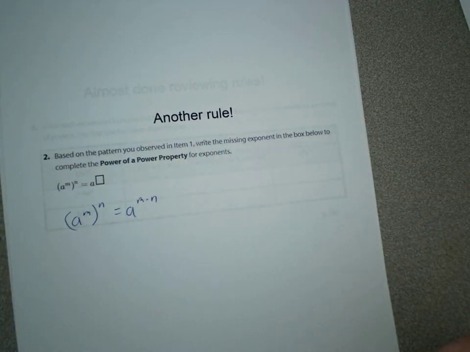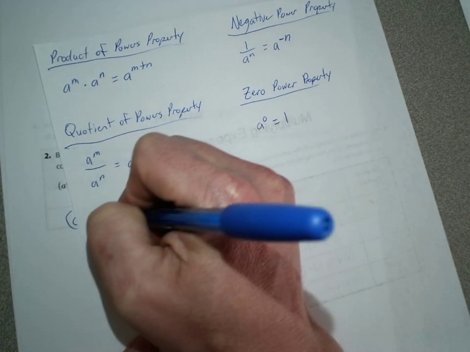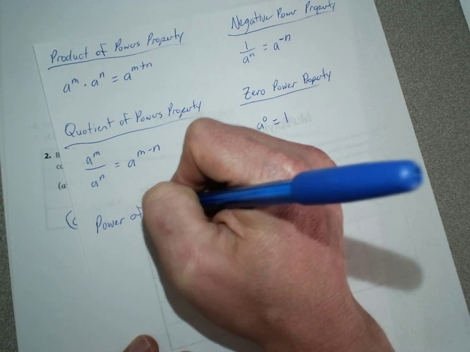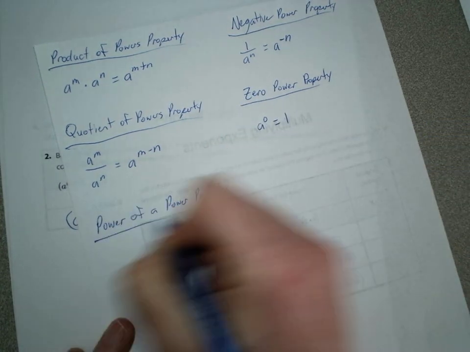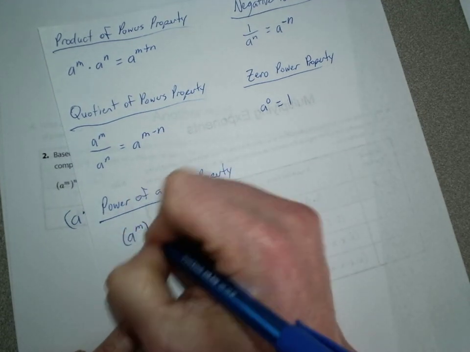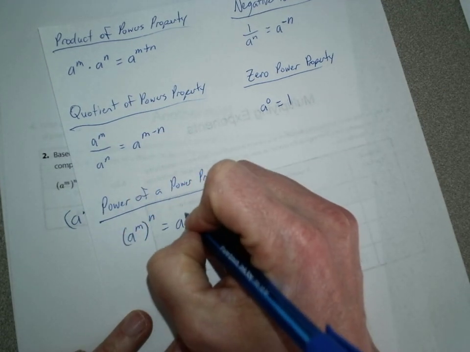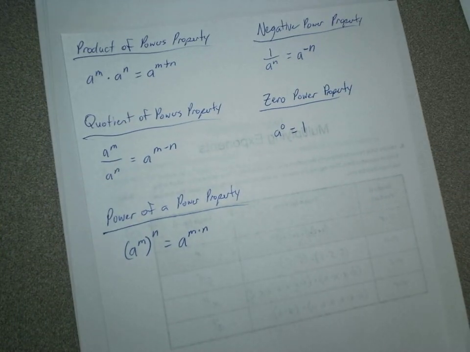So we have a new rule, and it's called the power of a power property. Let's put it on our handy dandy notes. It says that a to the power of m to the power of n equals a to the power of m times n.